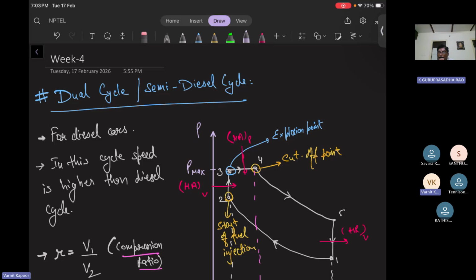But if I want to use my diesel engine in cars, I can use this semi-diesel or dual cycle. Second, in cars I want higher speed as well as more torque. So such engines are preferred in scenarios where the cycle speed also increases, because you are providing heat addition at constant volume as per the Otto cycle, and then as in the diesel cycle as well.